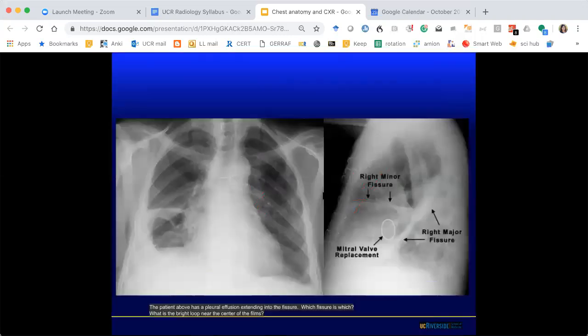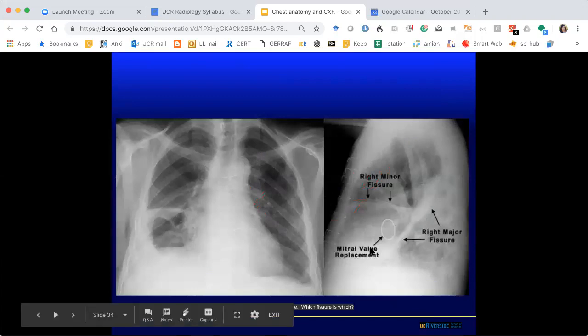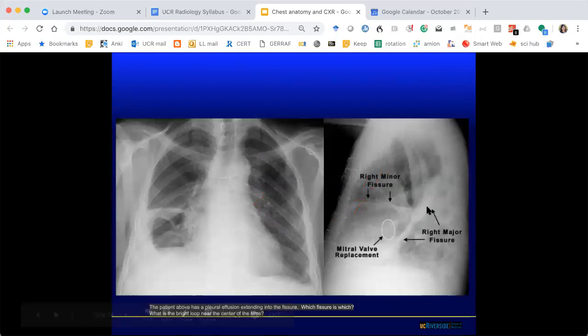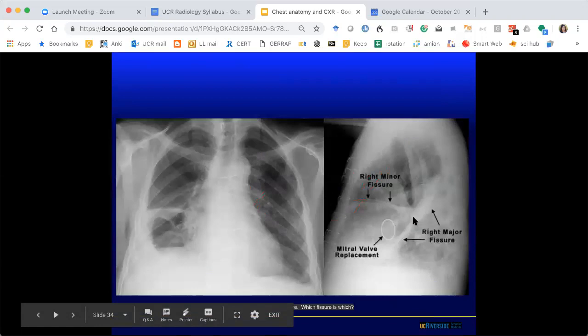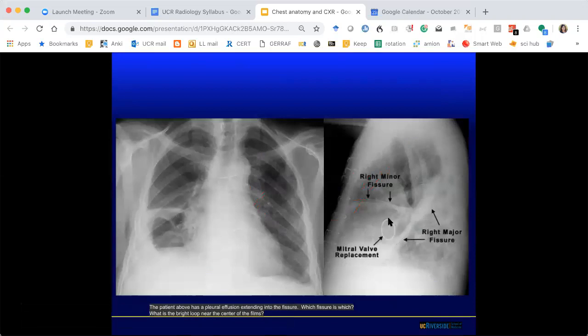Here we see it outlined because the patient has a right pleural effusion. So knowing this anatomy can also help you identify where these lesions are, because their location will vary, and the fissures can help you.